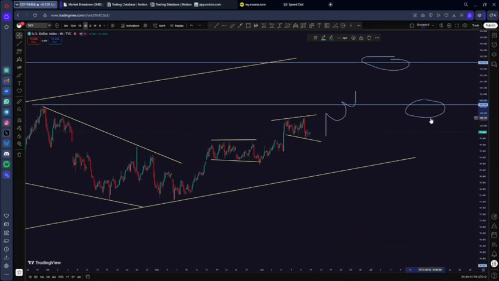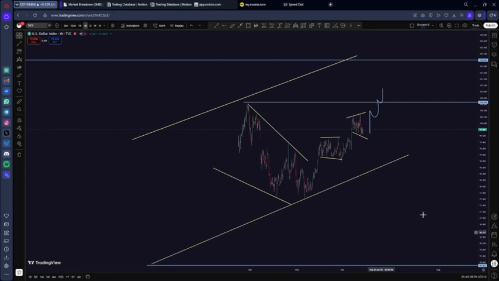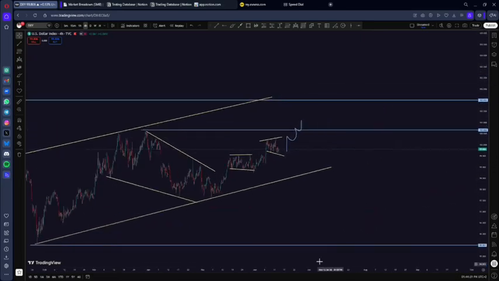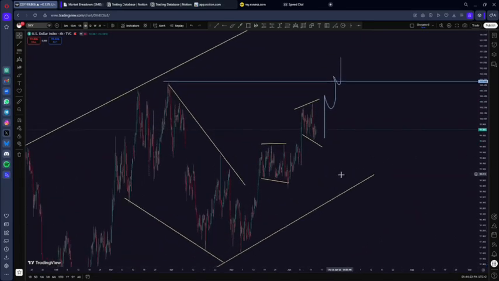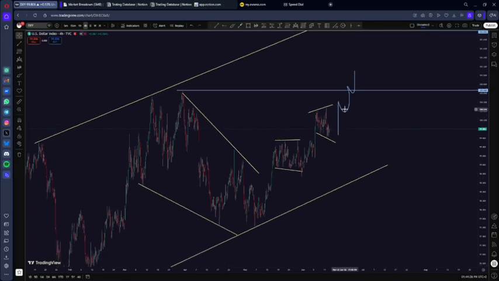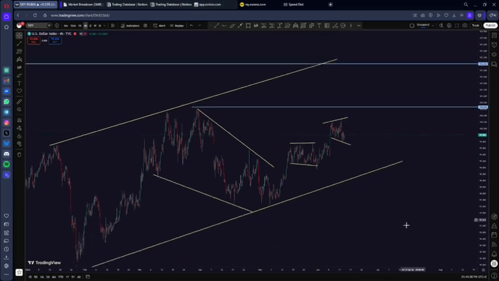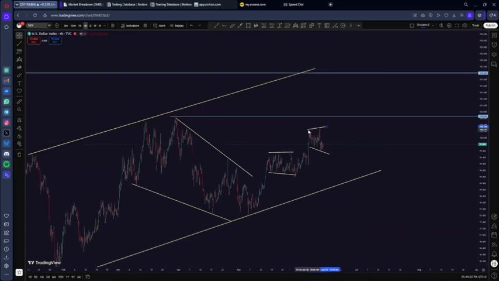Alright, so guys, as you can see right now, this correction isn't really complete for us to then start saying, right, we are looking for trades. It could eventually evolve into something bigger than this.